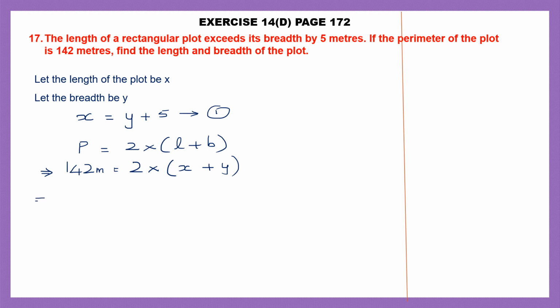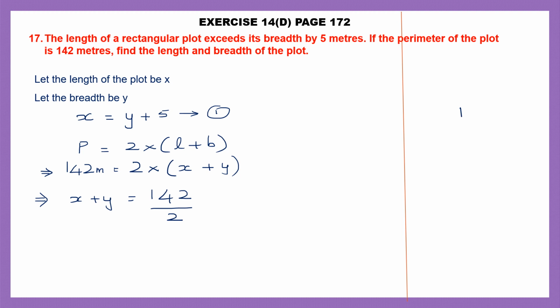So we're going to make the second equation. So x plus y on the left hand side, I've just interchanged the places. x plus y is equal to 142 divided by 2, because I have transposed this 2 to the left hand side. It's become division here now. So 142 divided by 2.